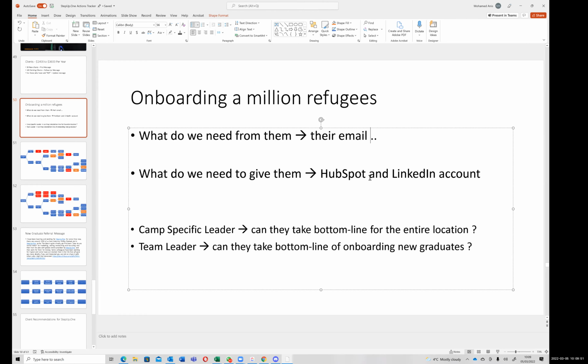And then we have team leaders who make sure that these members, based on locations and so on, have at least gotten their LinkedIn profile ready and up and running, and are now able to start the hunting.